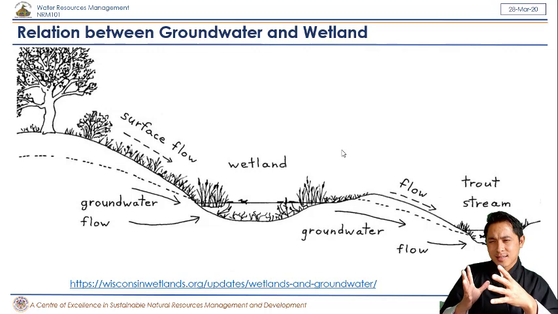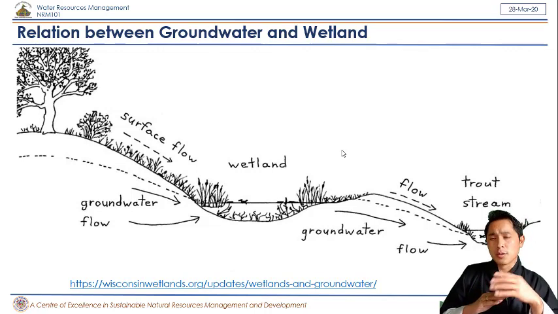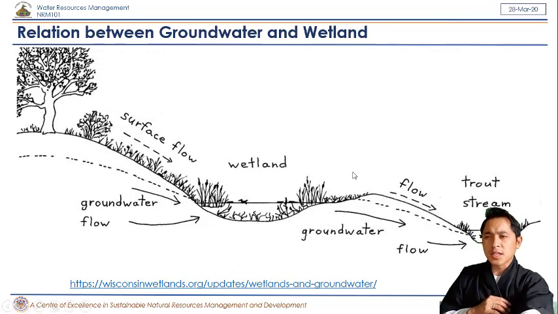So wetland is basically an extension of groundwater on the surface. It's a very thin line to draw between groundwater and wetland, but the main line is that groundwater has to flow out in order for it to be called a wetland. This picture is quite clear.